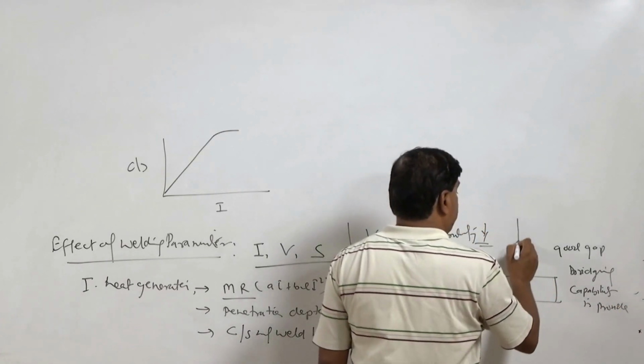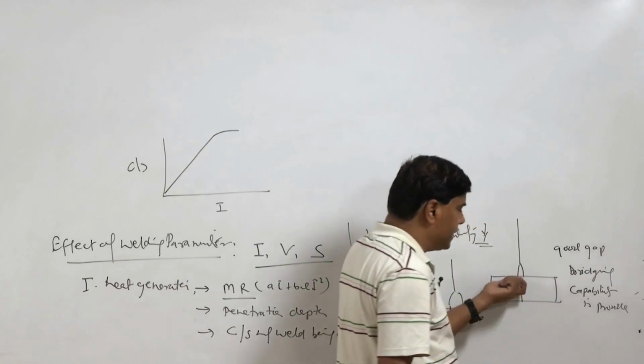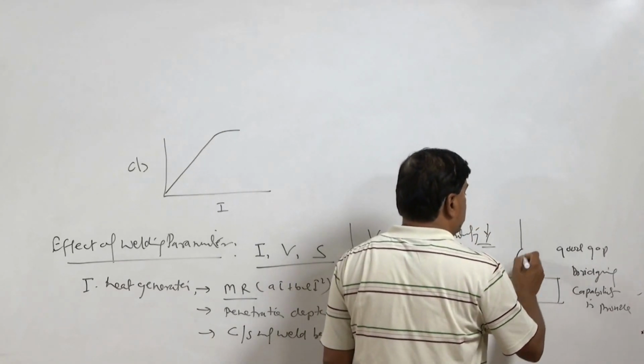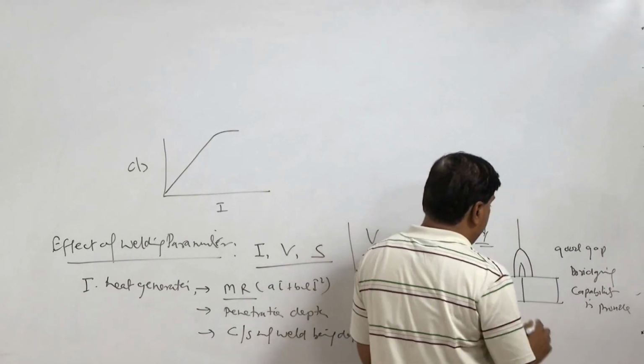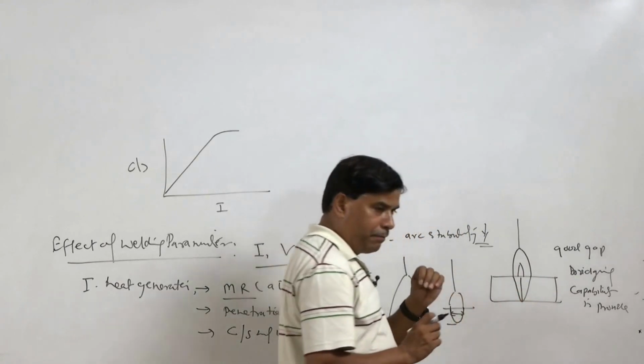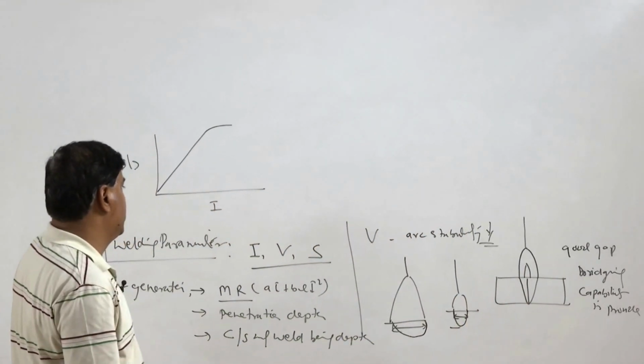If the gap is narrow, then the gap bridging capability is limited. If the arc voltage is increased, the increase in width of the weld will provide much better gap bridging capability.